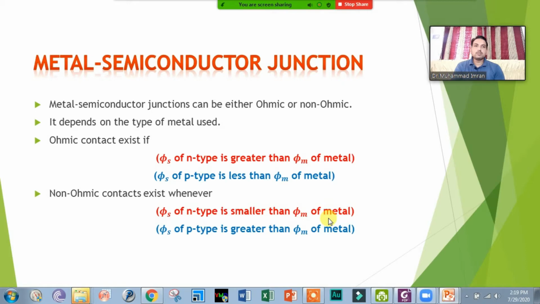So the situation reverses. If the work function of the n-type semiconductor is smaller than the work function of the metal, then your contact will be non-ohmic. And if phi s of p-type is greater than phi m of the metal, or the work function of a p-type semiconductor is greater than the work function of the metal, then again you will get a non-ohmic contact.